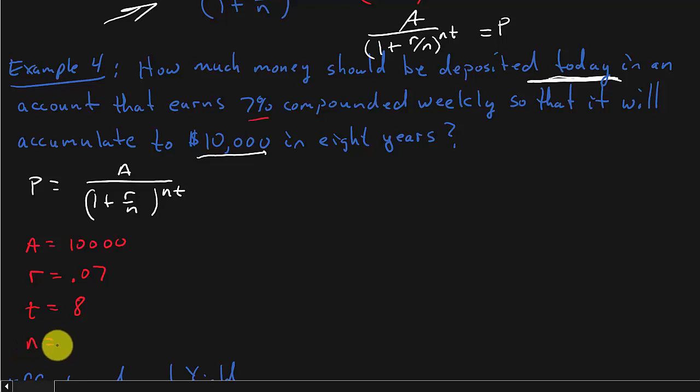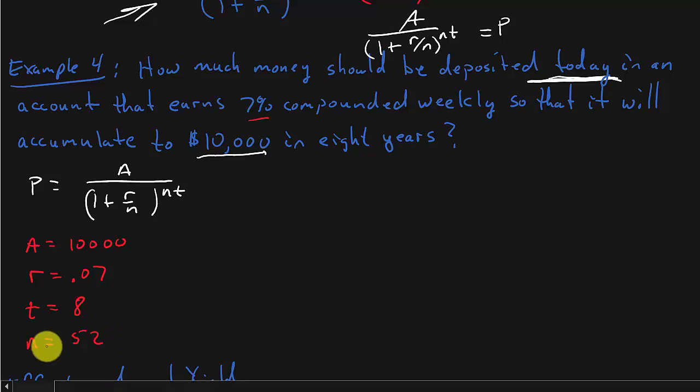And N. Now, earlier when I listed out monthly, annually, semi-annually, quarterly, daily, I didn't list out weekly, did I? So what would N be for weekly? How many weeks are in a year? Well, we use 52. So 52 weeks in a year.